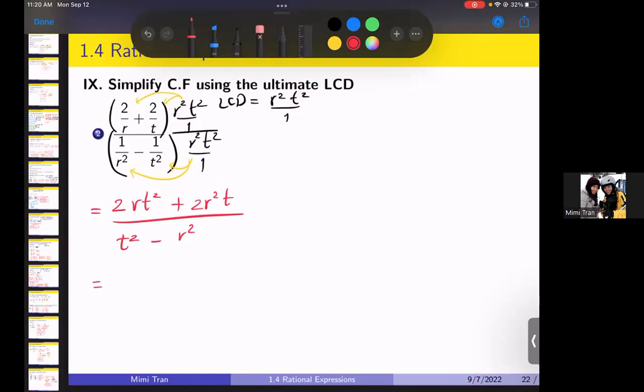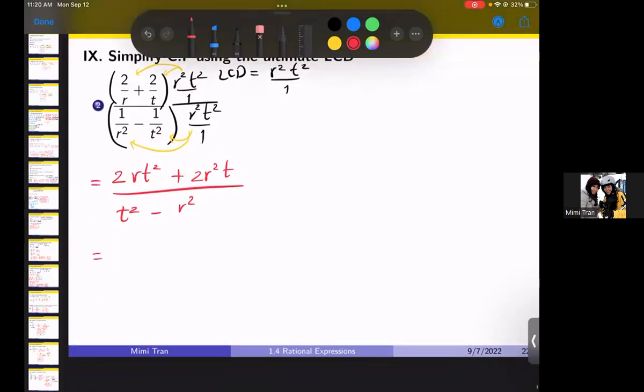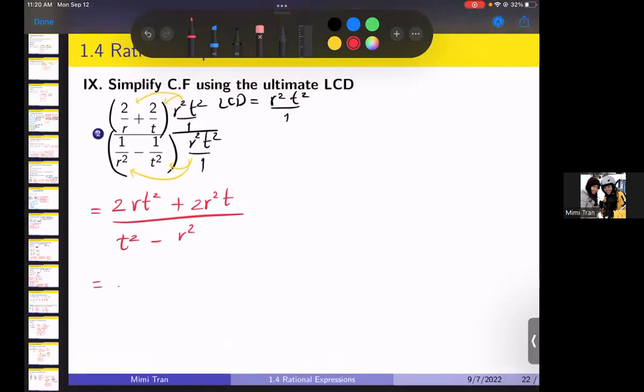Can I factor something out for the top? More than that. So let me help you do the bottom. Top is 2. What else can I factor out? Yeah, 2rt. So what's left is t plus r. Did you guys see that? This one gone.